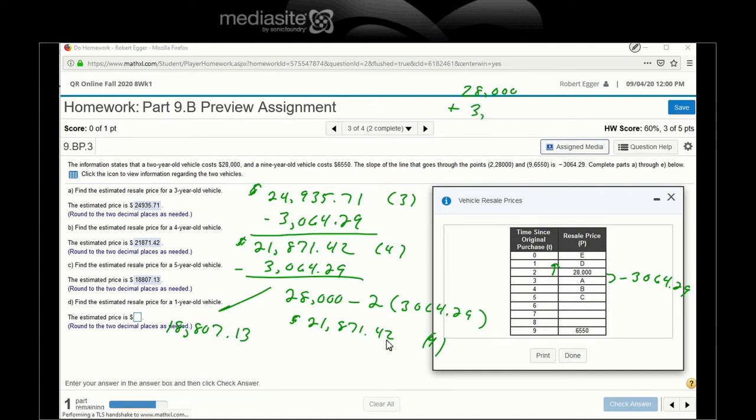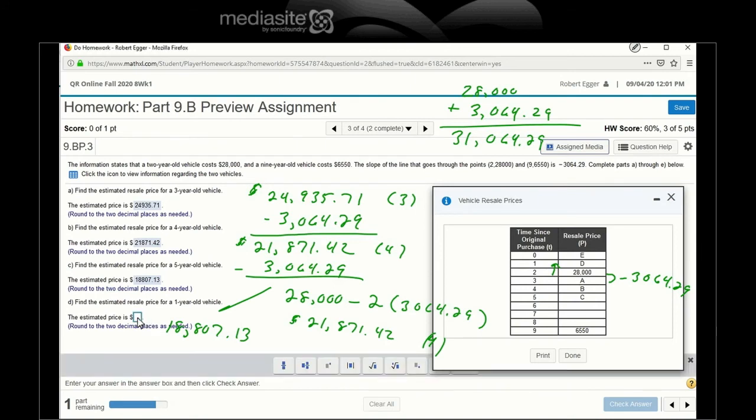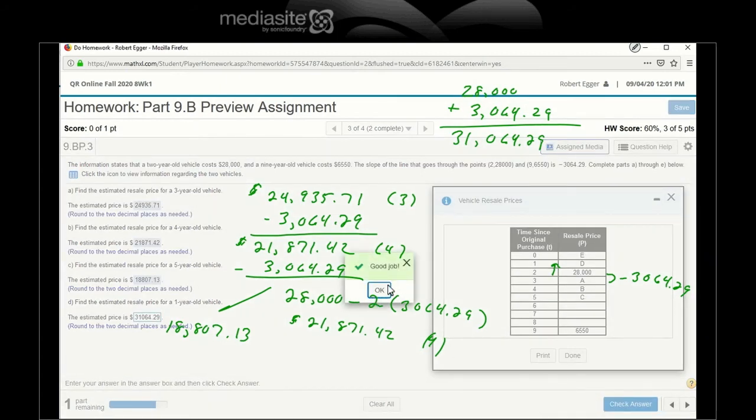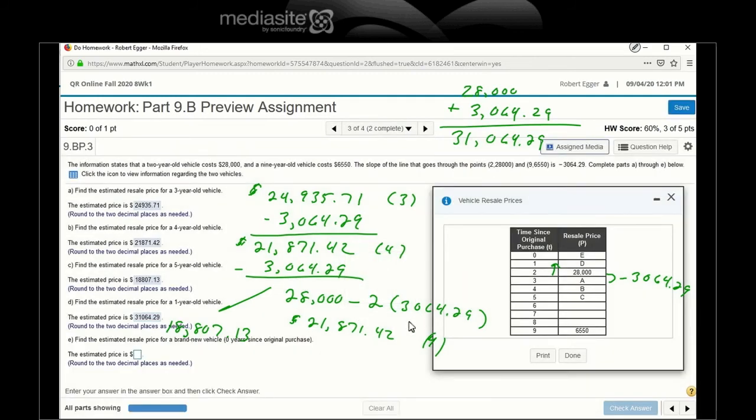So add 3,064.29 for 31,064.29. I think it's the last one. Oh, one more.